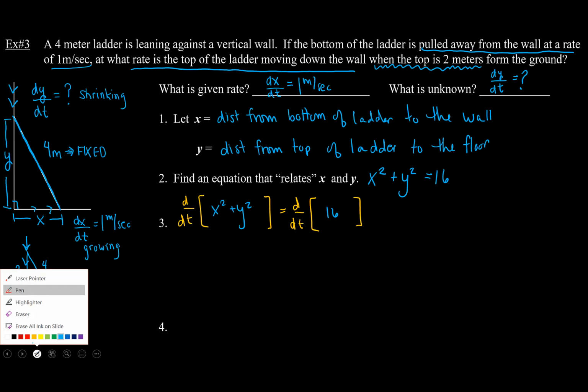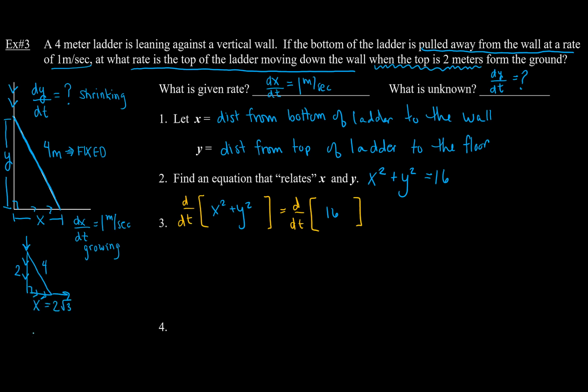And remember what we learned in our implicit differentiation section. In fact, this is why we learn implicit differentiation, or one of the many reasons why. So we're going to take the derivative of each piece. The power of 2 is going to come down, and I'm going to end up with 2x. And then because I'm taking the derivative of x with respect to time, I'm going to write dx/dt.